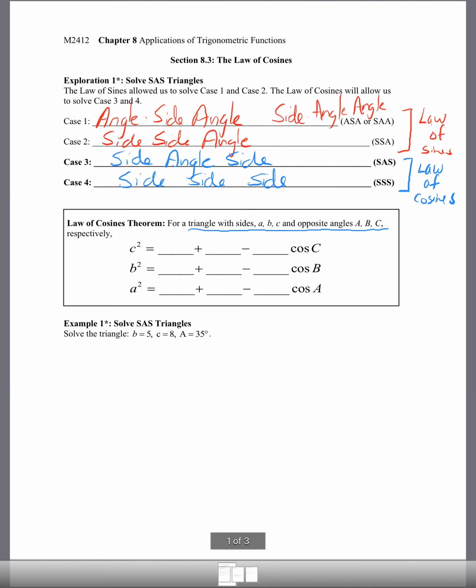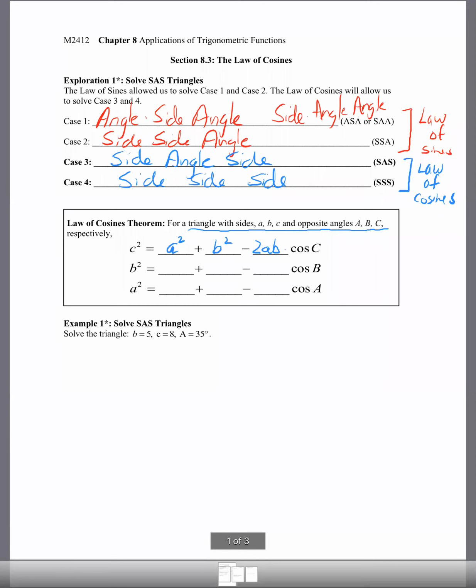The first law of cosines says something like this: if you're trying to find the value of c, then c squared is going to equal the other two sides of the triangle squared, so a squared plus b squared, minus 2 times a times b times the cosine of c. If you take the square root of all this, you'll end up with the value of c.